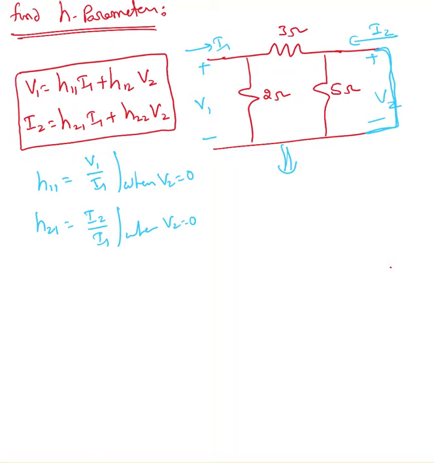Once I short circuit that, can I say this 5 ohm is in parallel with the short circuit? So 5 parallel with 0 ends up with 0 ohm. My circuit is going to look like this.